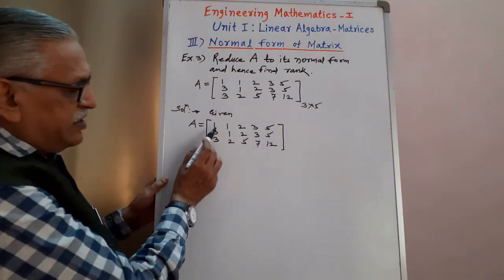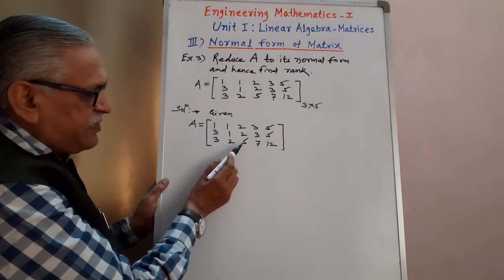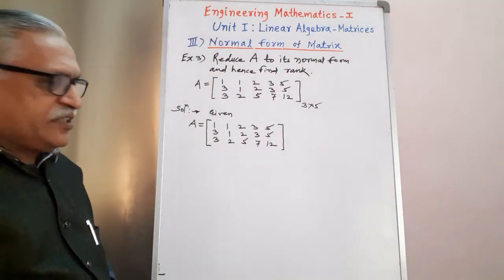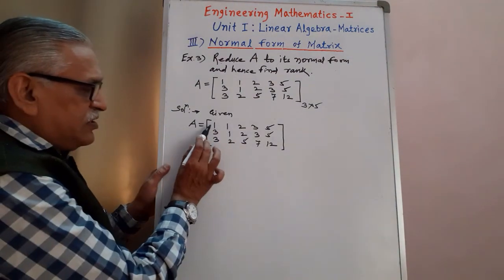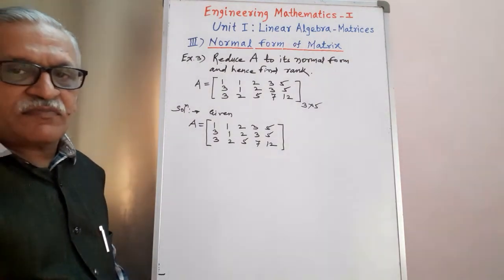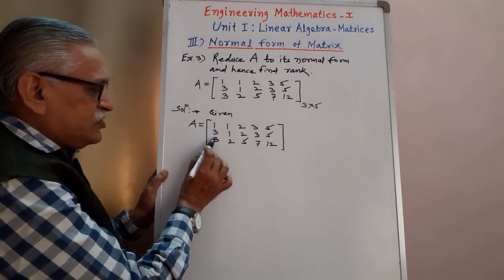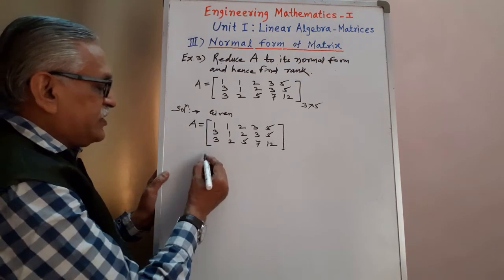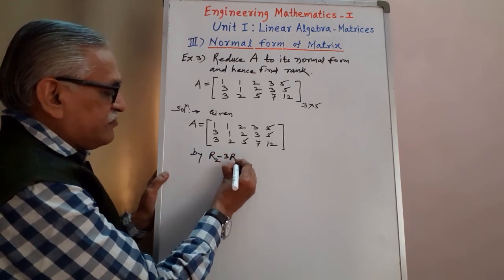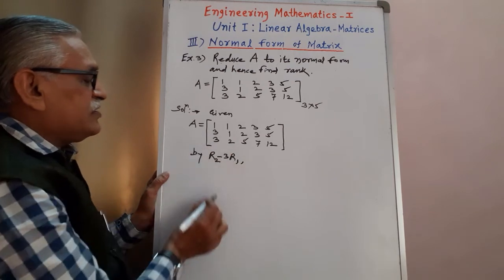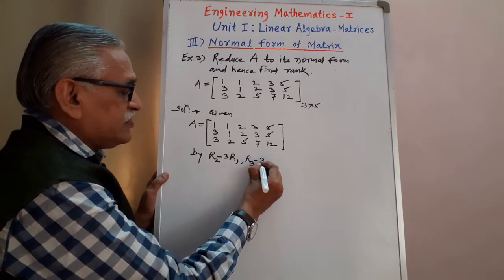In the first part, we have to convert the principal diagonal elements to 1 each and the lower elements to 0 by applying elementary row transformations. The leftmost element is here 1, keeping that as it is, and using this one, we try to convert these 2 elements to 0. 3 minus 3 we get 0. Therefore, it is R2 minus 3 times R1. We get the required 0 here. And 3 minus 3 again 0. Therefore, R3 minus 3 times R1.